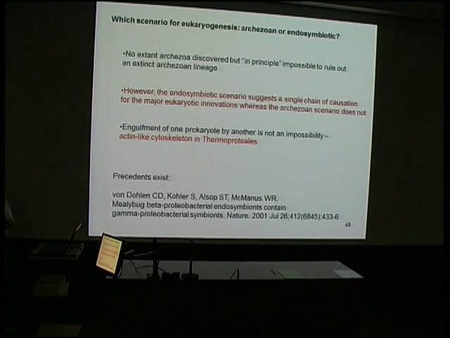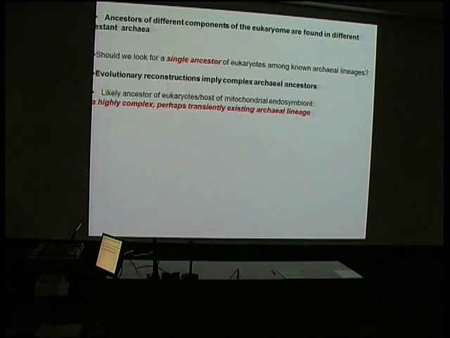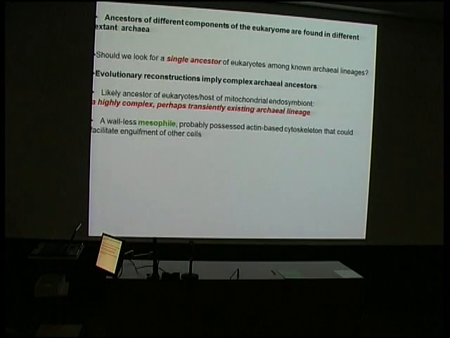It's not a common occurrence, but it does exist. So basically, the idea is that we really should not be looking too hard for a single ancestor of eukaryotes among known archaeal lineages. Evolutionary reconstruction implies complex archaeal ancestors.